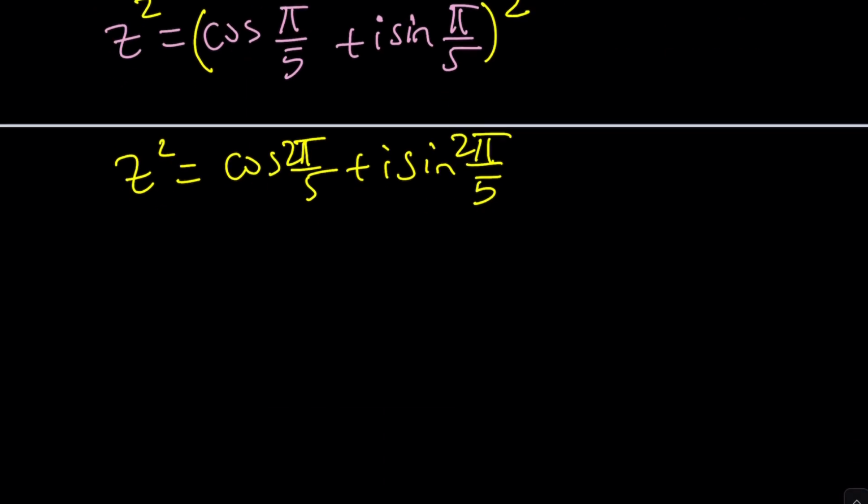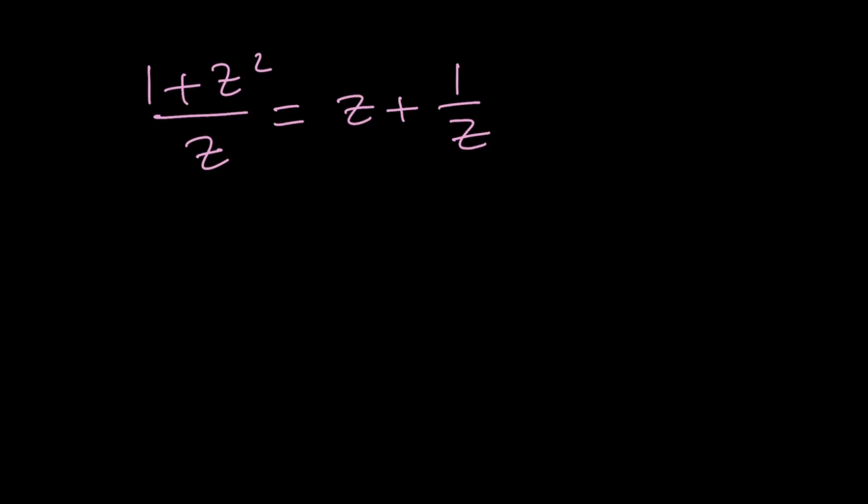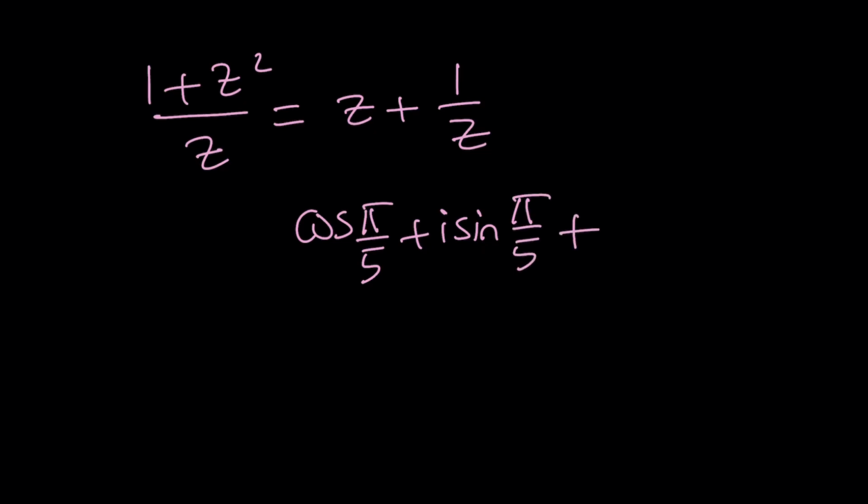You got that? Awesome. I really wasn't thinking about this method, but then it just occurred to me, wow, this looks really cool. So our expression turns into the following: 1 plus z squared divided by z. And guess what? I can write it as z plus 1 over z. What is z? z is cosine pi over 5 plus i sine pi over 5. Here's the thing. If you have a complex number written like this, its reciprocal is also going to be its conjugate because the absolute value of z is 1.